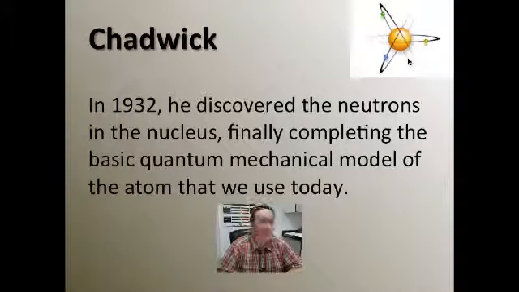We know there's no mass in the electrons, and they're not even included in the mass. But there was some missing mass. And so in 1932, Chadwick theorized and proved that there's another particle in the nucleus, and he called it the neutron. It's neutral, so they are neutrons. And this completed what we call the quantum mechanical model of the atom that we use today.